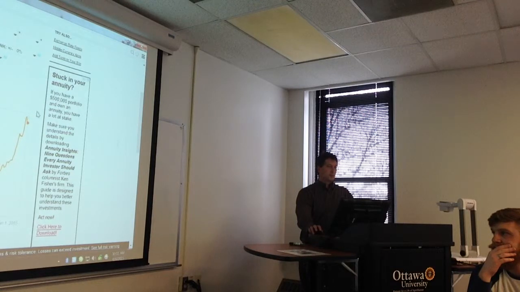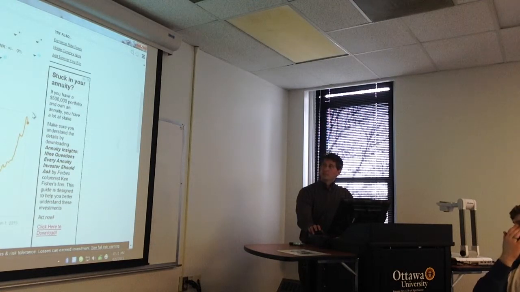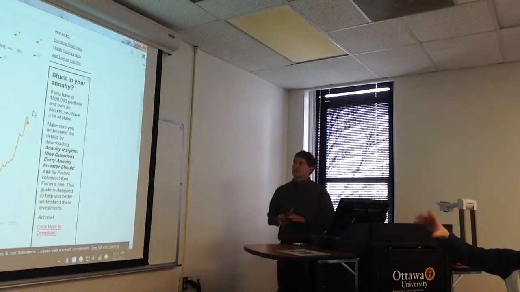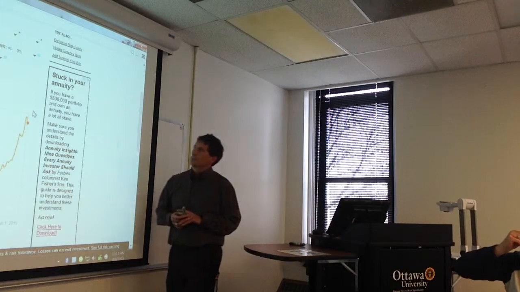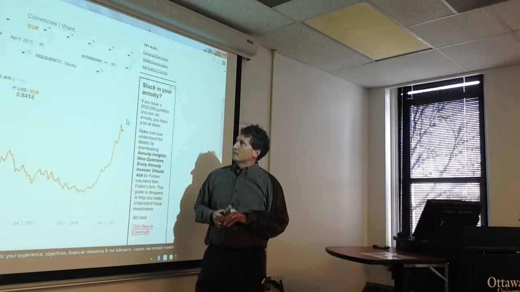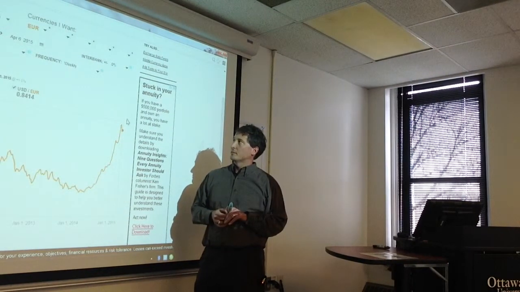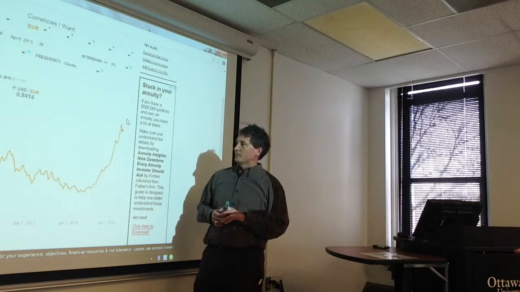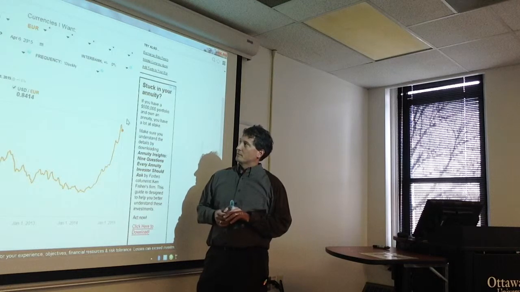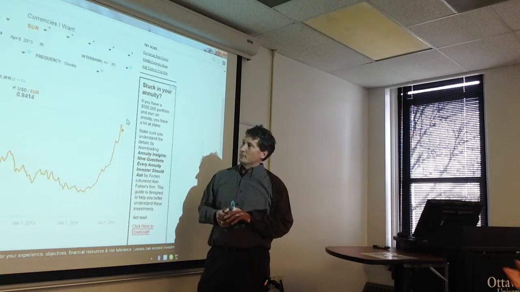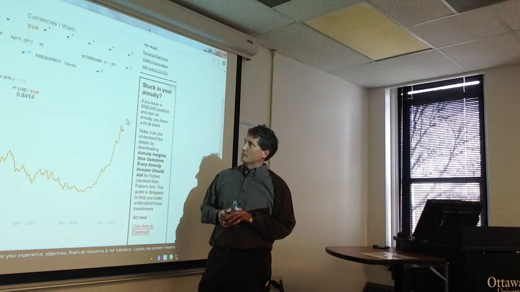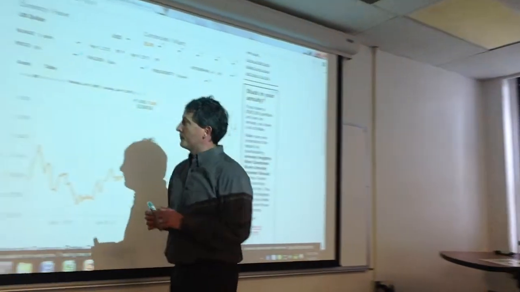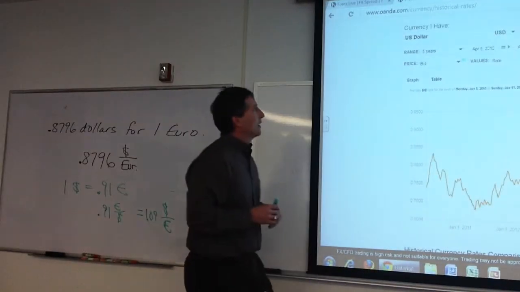I think it's more so portraying, because you have the graph in orange, wherever you are on the graph. For example, in January 2011, it was a little bit over 0.75 euros per dollar. So it's just saying purchasing power.